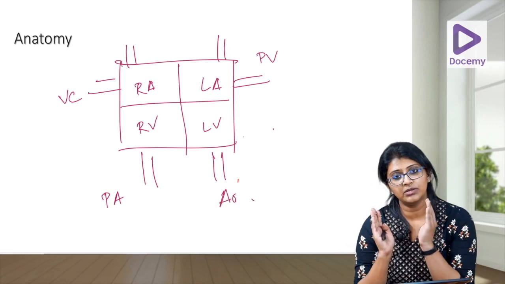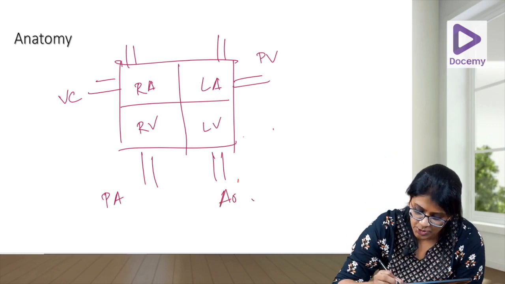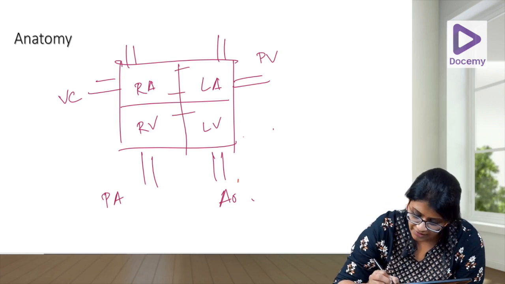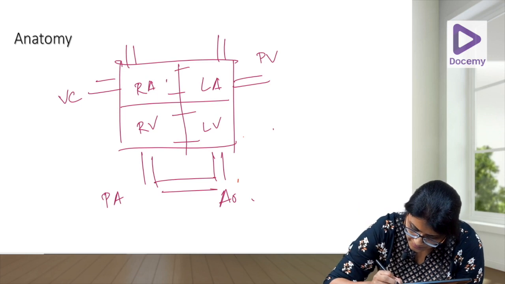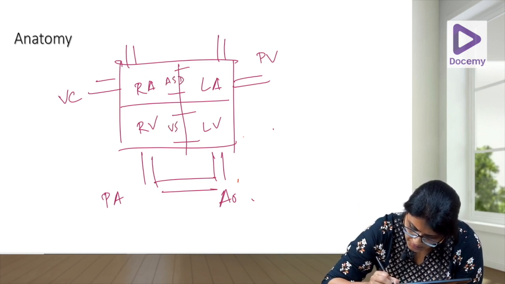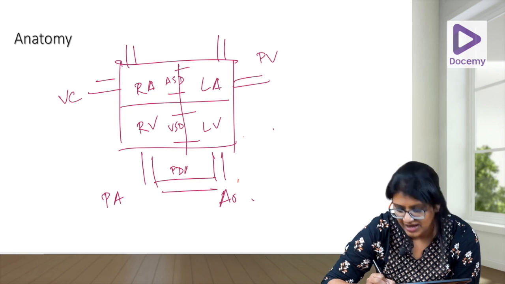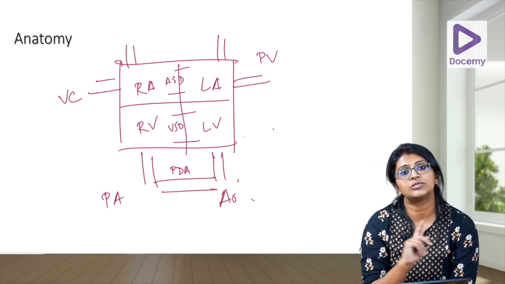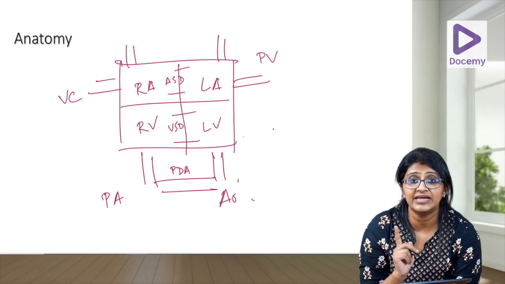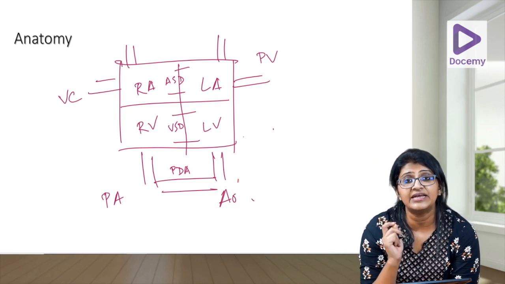Suppose you have good mixing happening between these, that means you have a very large ASD, or a very large VSD, or a very large PDA. If you do not have these connections, the first point at which these kids will manifest to you is when the PDA closes. So when does the PDA close?